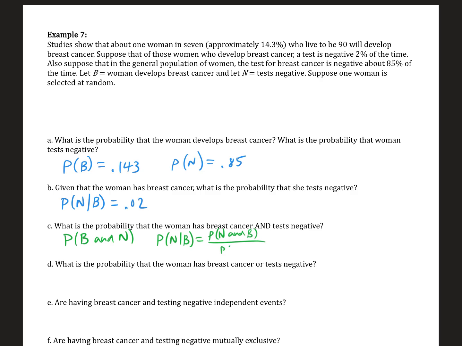Probability of B. So 0.02 equals X divided by 0.143. So we get 0.0029.